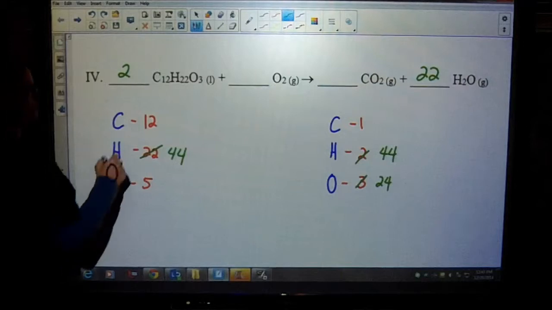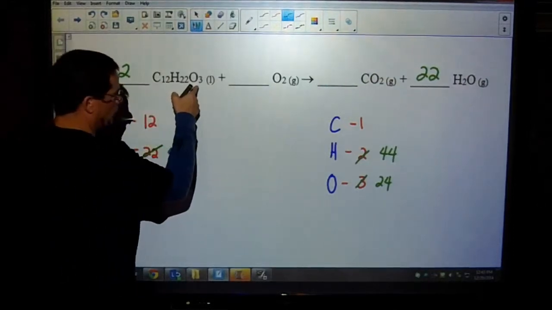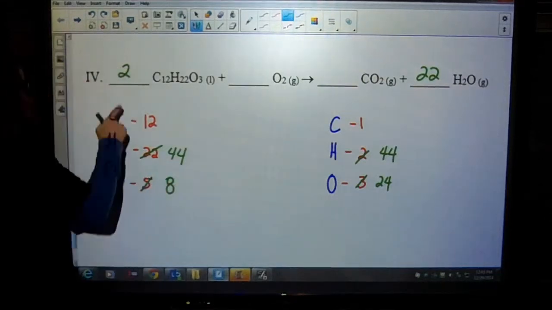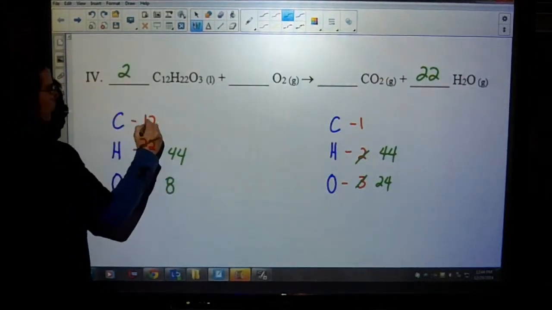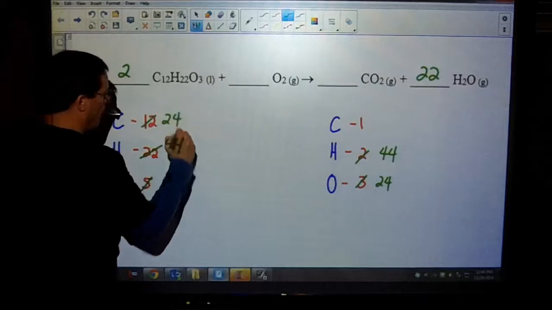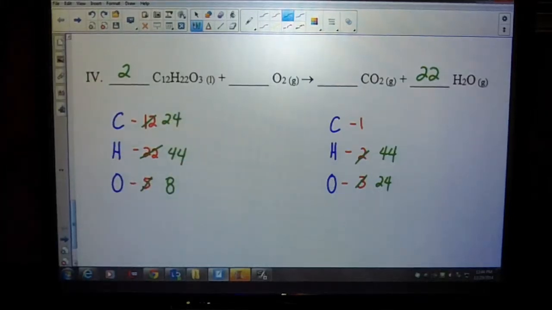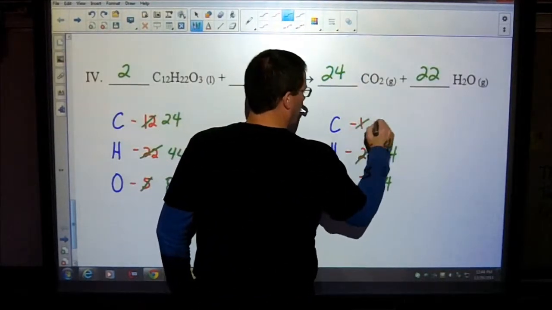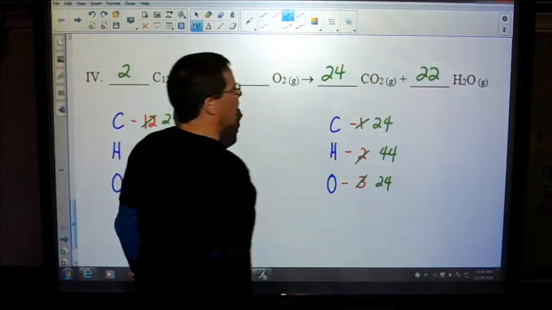And let's balance our oxygen. So we have 2 times 3, which is 6, plus 2, which is 8. And also affects our carbon. So 2 times 12 is 24. Hydrogen's looking good, so we need to balance our carbons. So to get 24 of those, we need a 24 there. So 24 carbon.